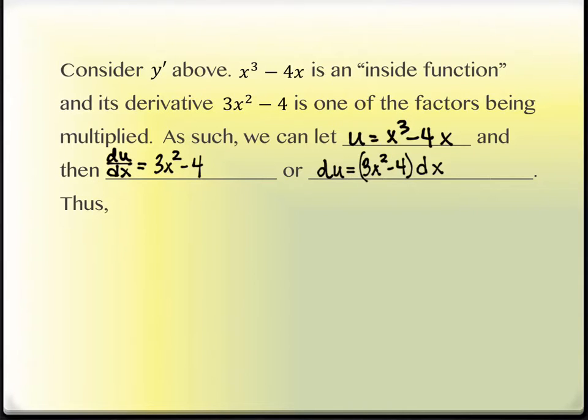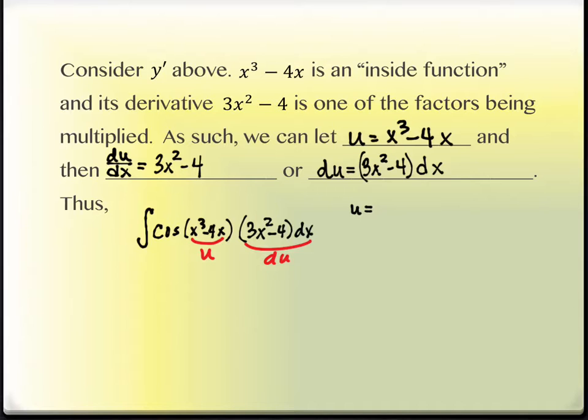So here's the way that this looks. We would start out with an antiderivative that would say cosine of x cubed minus 4x times 3x squared minus 4 dx. And we would identify that this piece is u and this piece is du. And the way that we typically do it is not with this underlined red like I do. We usually write it out to the side.